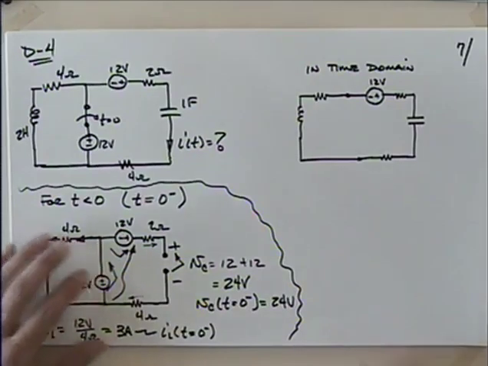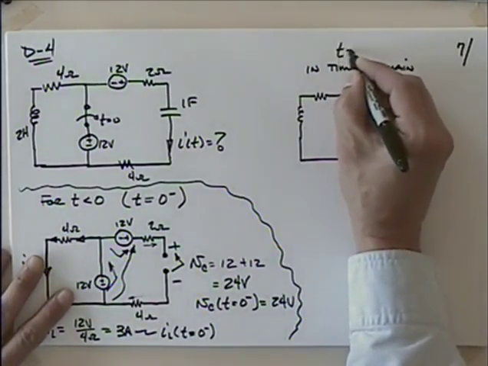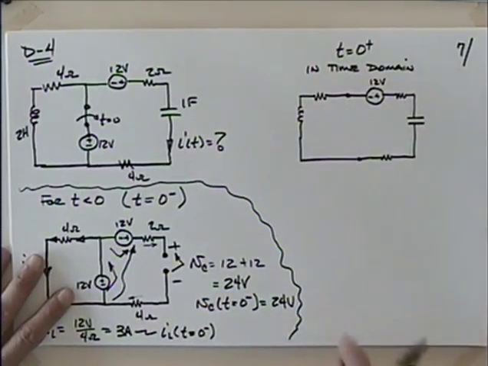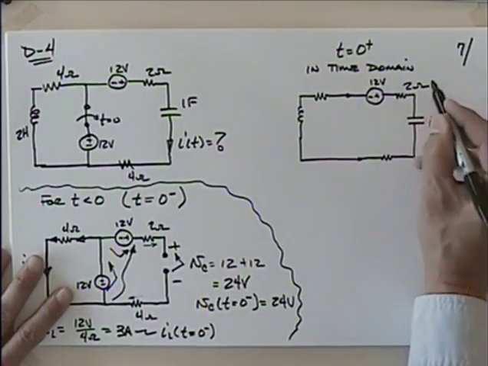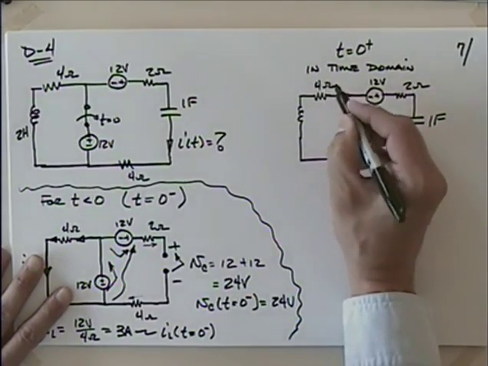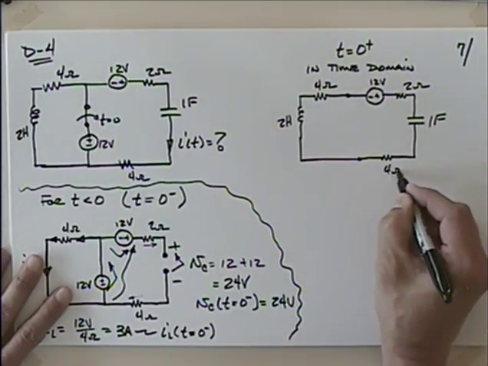So this would be time equals 0 plus. Yes, thanks. Good point. So we've got 2 ohms here, 4 ohms, 2 henries, and 4 ohms.